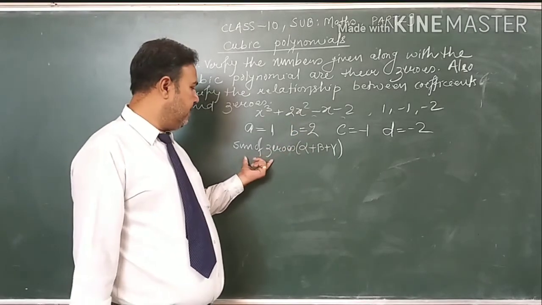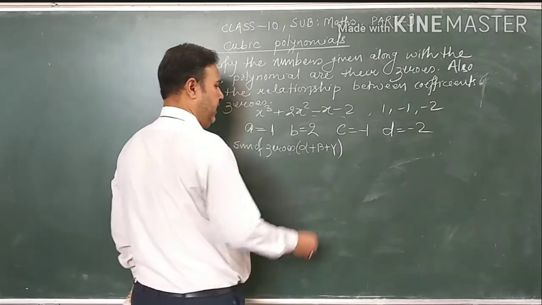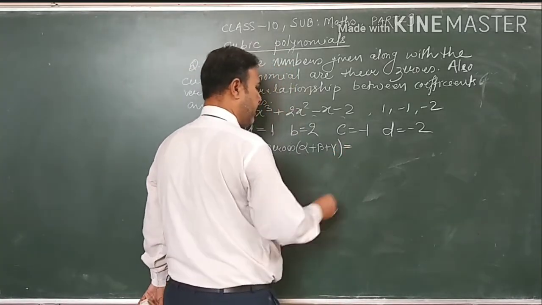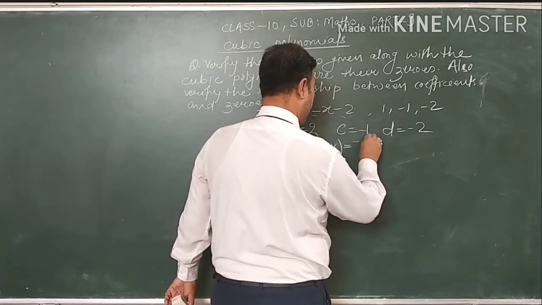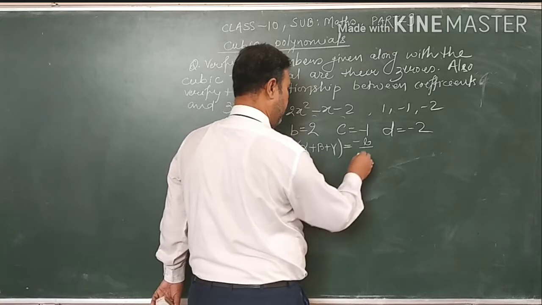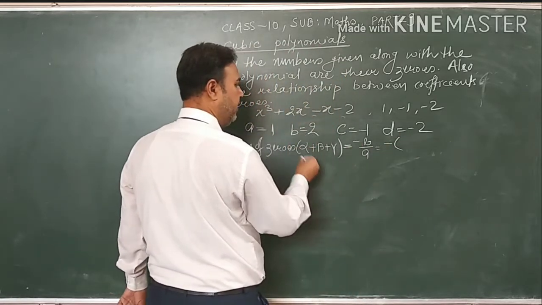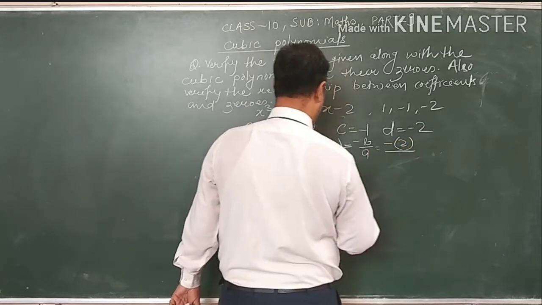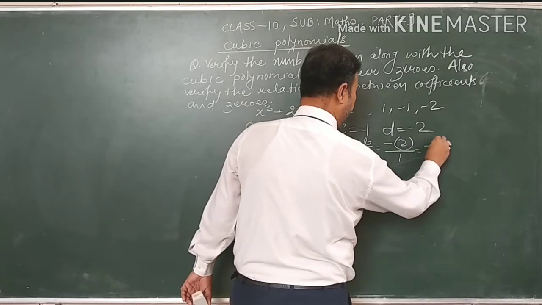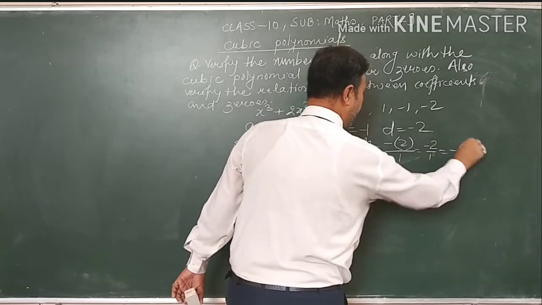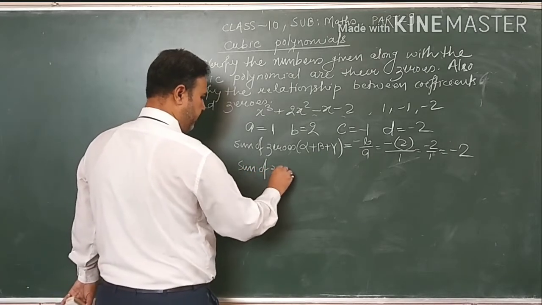So when we write the sum of zeros, alpha plus beta plus gamma, it will be minus b upon a. Minus, what is b? 2 upon a. What is a? 1. So minus 2 upon 1 is equal to minus 2. Clear?